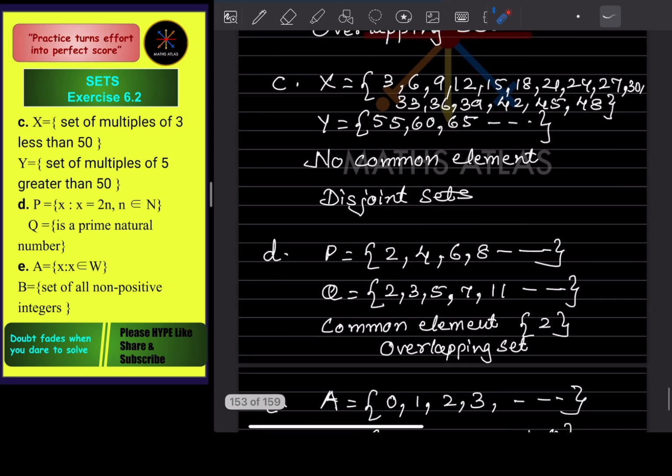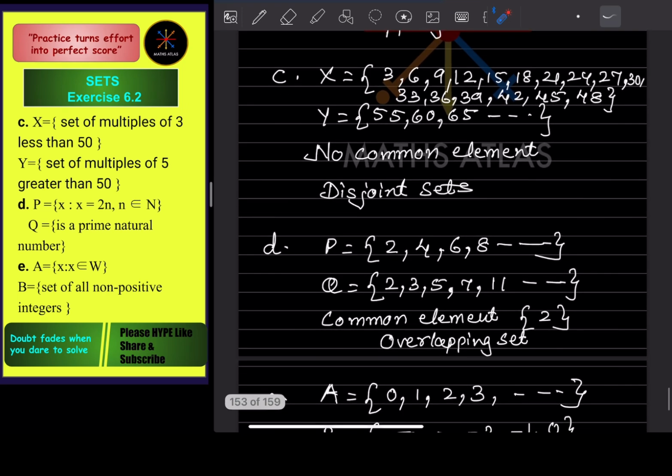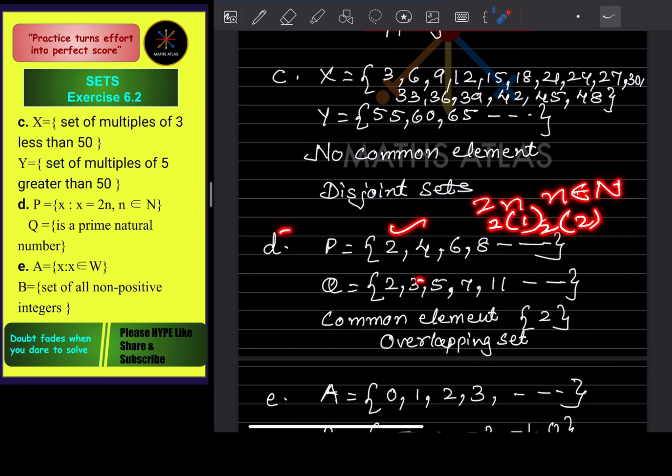P is equal to x, where x is 2n, and n belongs to N, the natural numbers. Q is the set of prime natural numbers. 2n with natural numbers starting from 1: 2 into 1 is 2, 2 into 2 is 4, 2 into 3 is 6, 2 into 4 is 8, and so on.